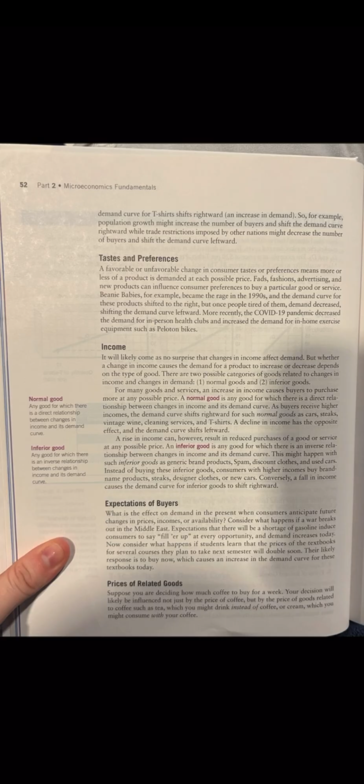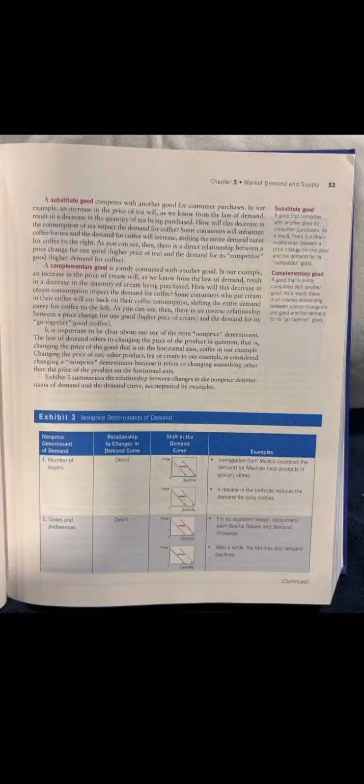Prices of related goods. Suppose you're deciding how much coffee to buy for a week. Your decision will likely be influenced not just by the price of the coffee, but by the price of goods related to coffee, such as tea, which you might drink instead of coffee, or cream, which you might consume with your coffee. A substitute good competes with another good for consumer purchases. In our example, an increase in the price of tea will, as we know from the law of demand, result in a decrease in the quantity of tea being purchased.